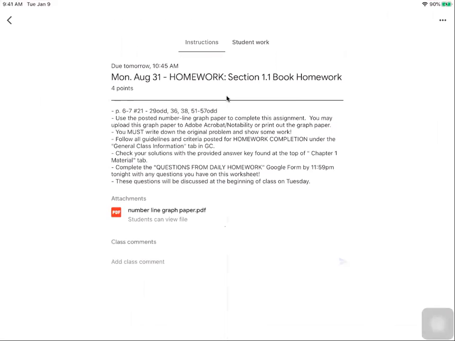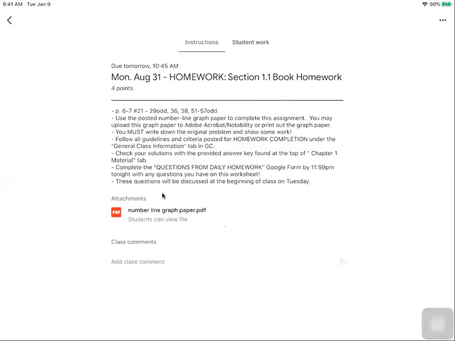And then I give you graph paper if you want to use it. So there's a PDF attached here that has graph paper. And if you want to use that graph paper, so right here is the graph paper. You can put the problem number above the graph, the number line. Make sure you write the actual problems down.